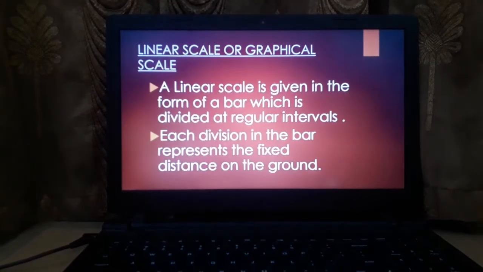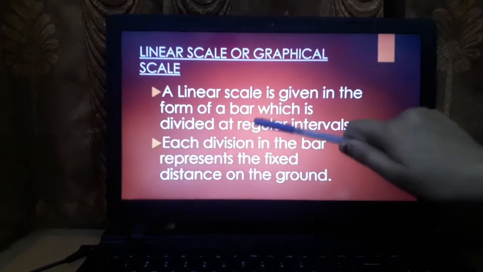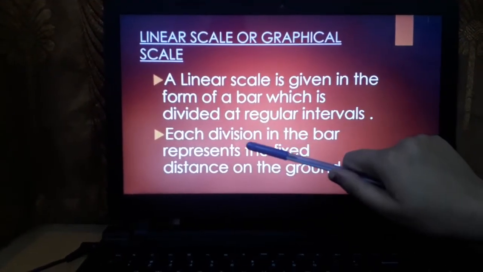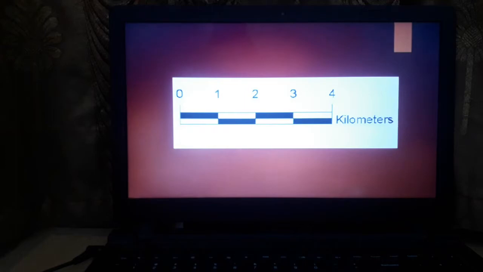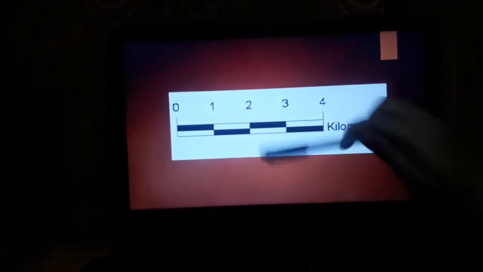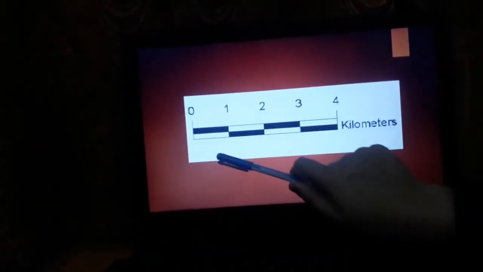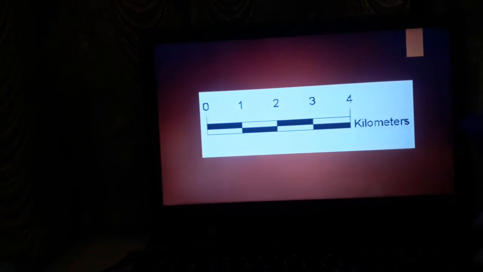Now comes the first type of scale, that is linear scale or graphical scale. A linear scale is given in the form of a bar which is divided into regular intervals. Here you can see the linear scale. It is a straight line divided into intervals 1, 2, 3, 4.